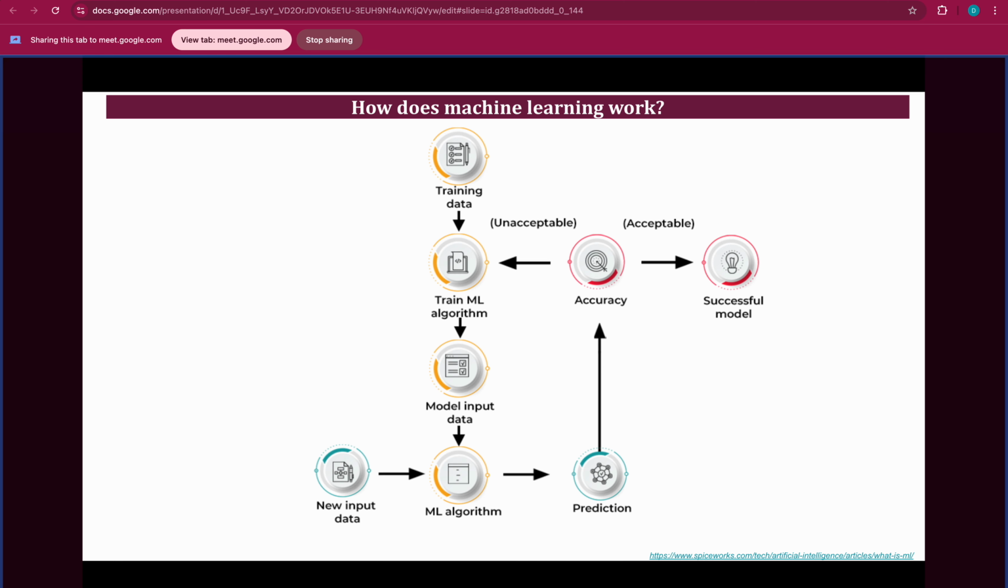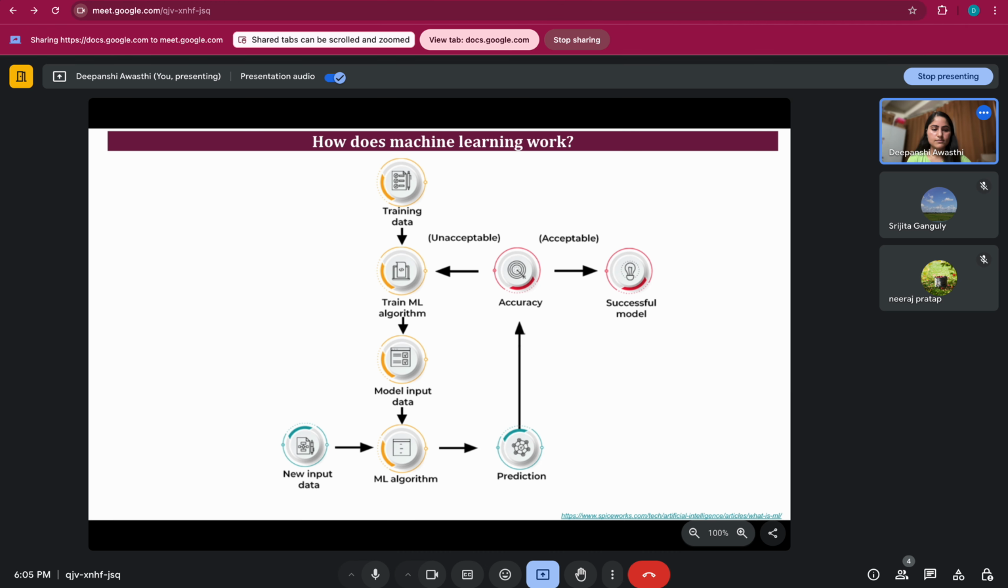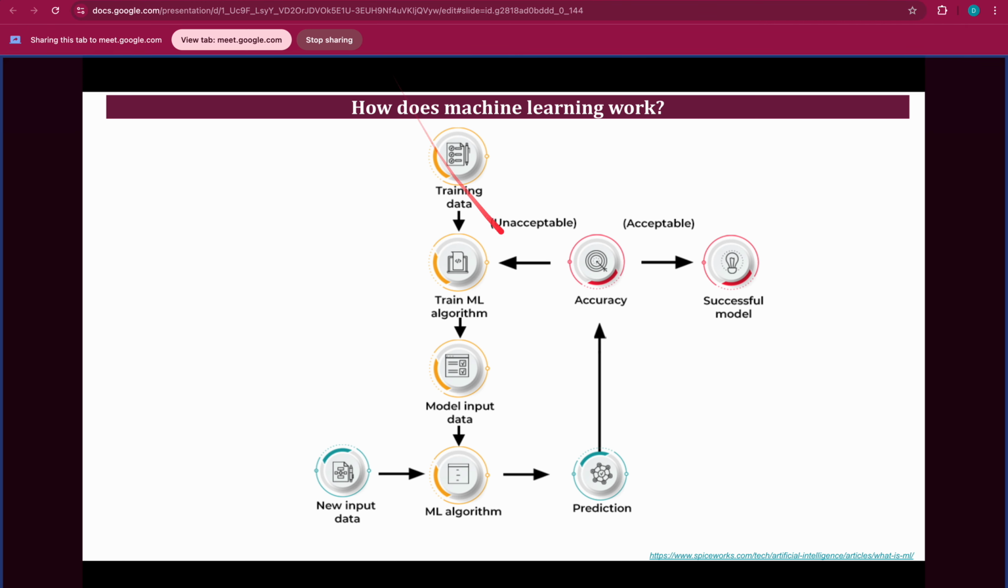Now one thing which you must know is how machine learning works. In machine learning we have training data, which is a prerequisite for machine learning. So we must have some data. In this case we have training data, and we have to train machine learning algorithms.